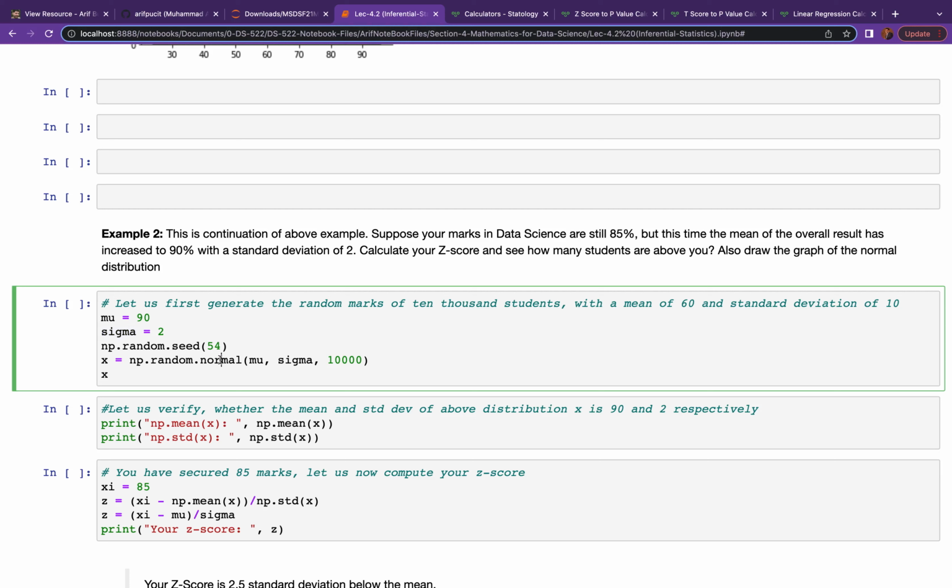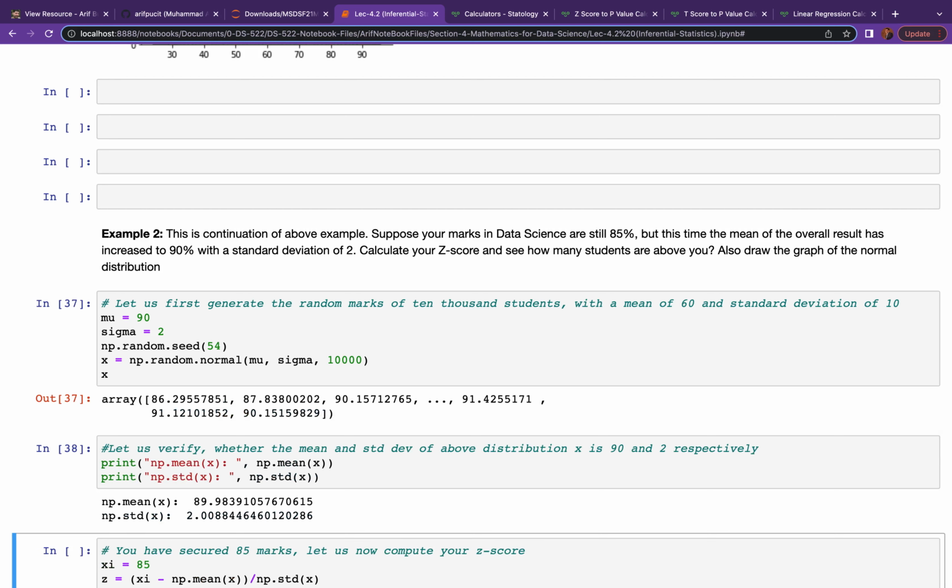So I've used the normal method again to generate the random results of those 10,000 students with a mean of 90 and standard deviation of 2. Let me run this. Great. And now once again the same student has got 85% marks, and now I want to know how many students are above this student.